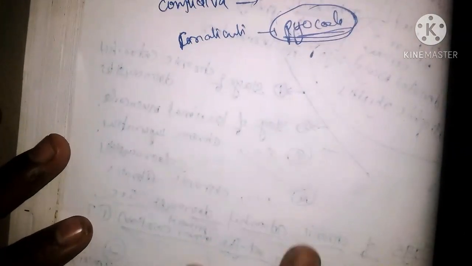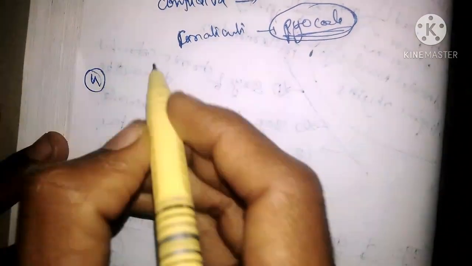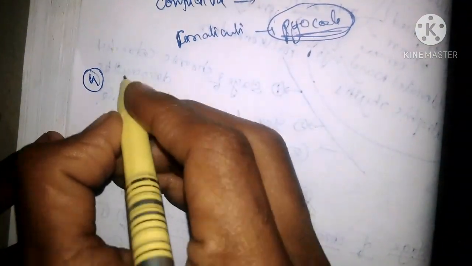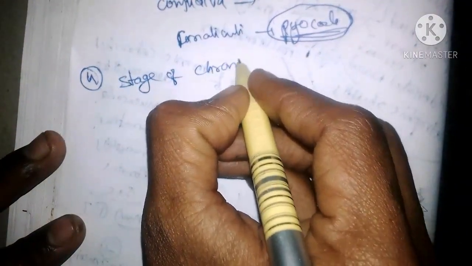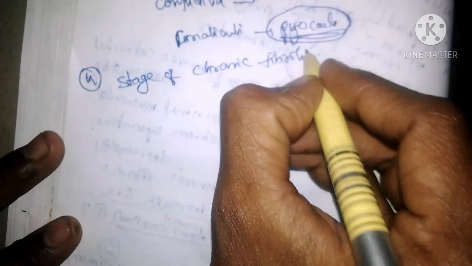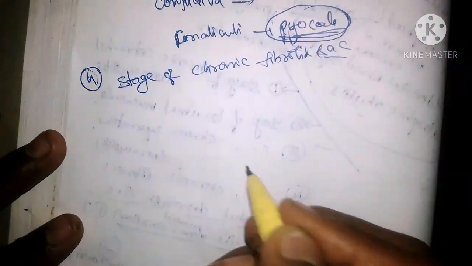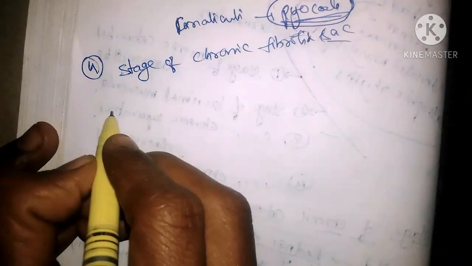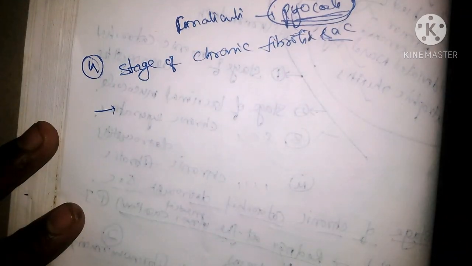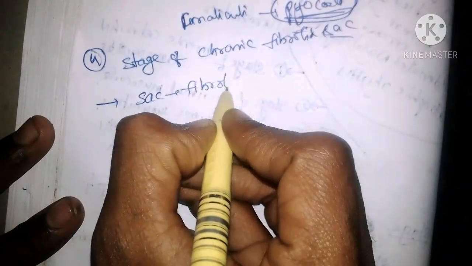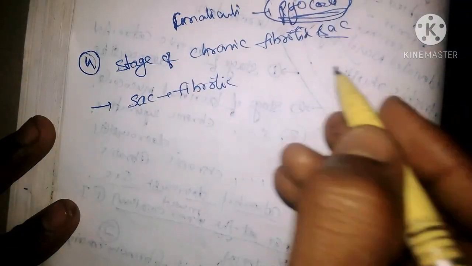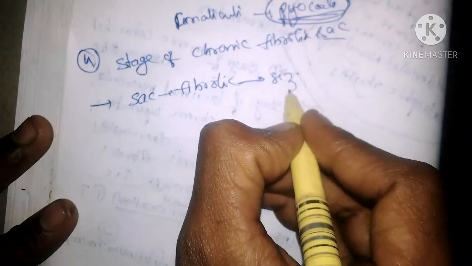Clear? The last stage is the stage of chronic fibrotic sac. Here what happens is, as time passes, the sac becomes fibrotic. As it became fibrotic, the size decreases.